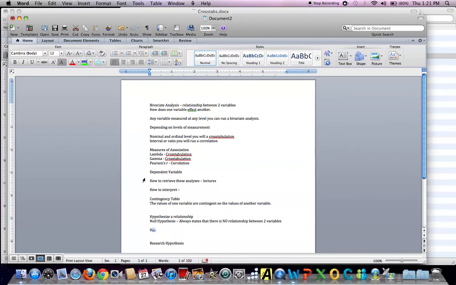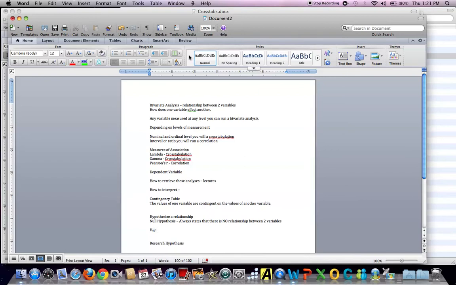If you were on a PC, you would highlight, click on font, and open up the font dialog, because it's a font function, and then click on subscript.